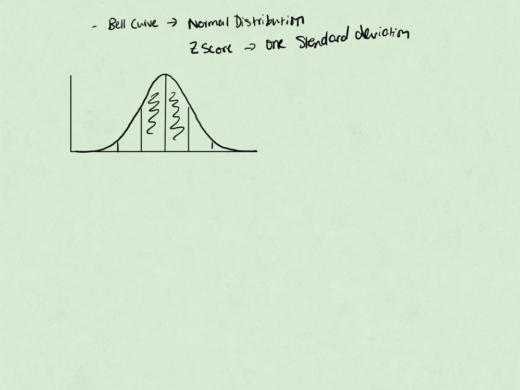This is in the positive direction and the negative direction. This section would contain 34% of the data, while the other section also contains 34% of the data. So in total, 68% of the data in a normal distribution or in a bell curve is within the first z-score.